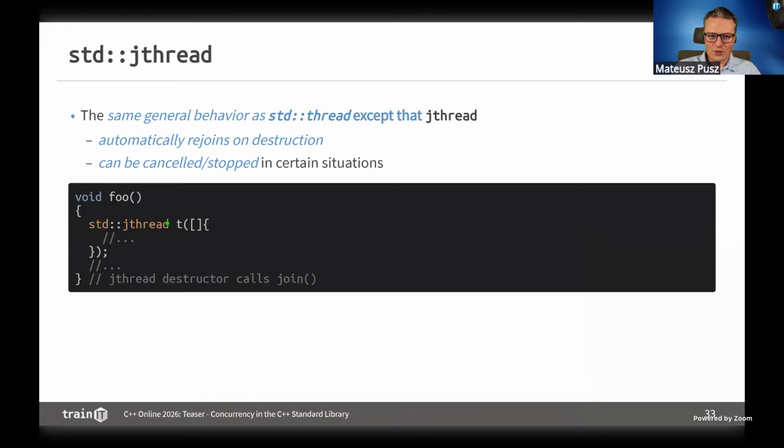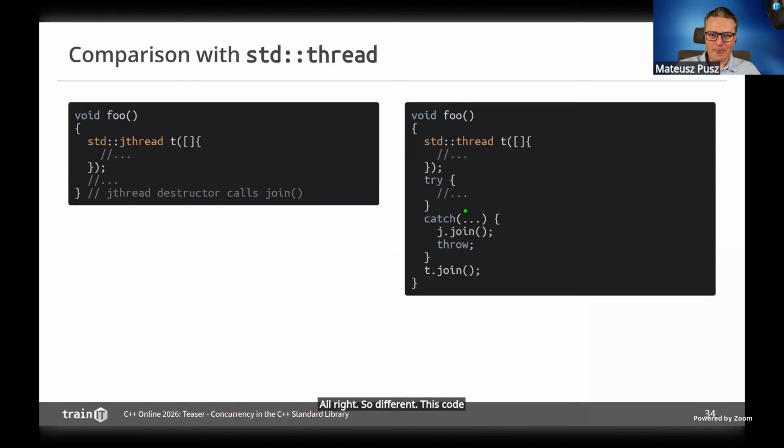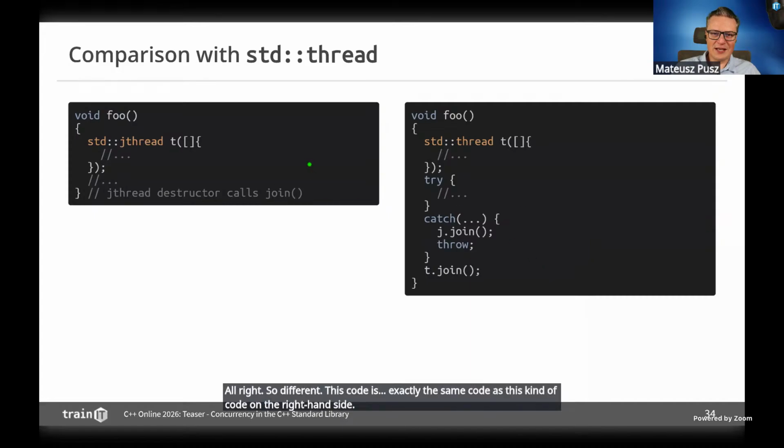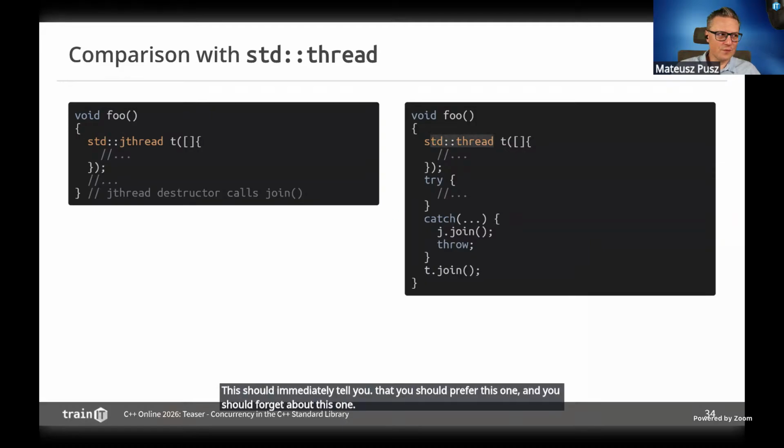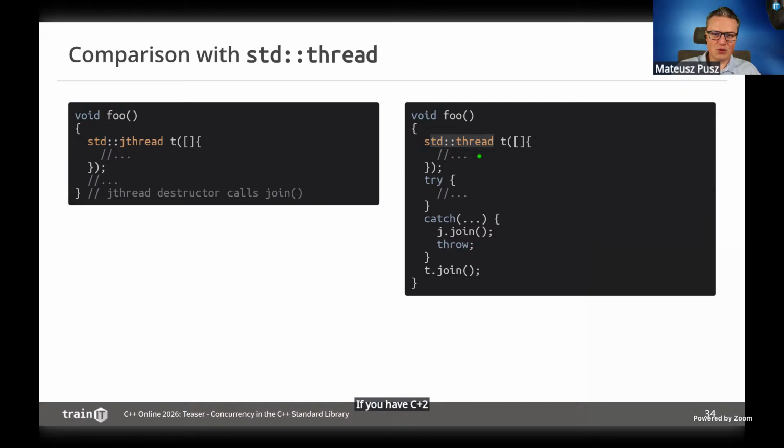All right, so jthread. This code is exactly the same as the code on the right-hand side. This should immediately tell you that you should prefer this one and forget about the other. If you have C++20 in your project, there is no good use case for thread anymore. Please don't use it.